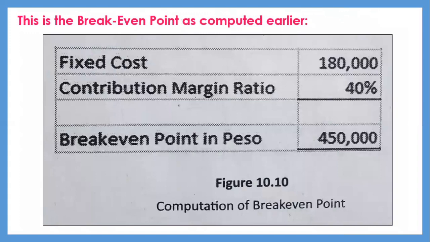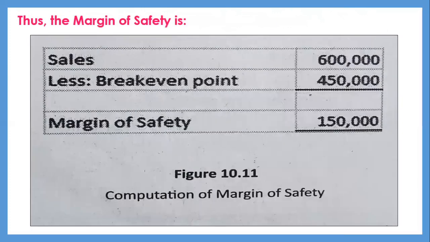And this is the break-even point as computed earlier. As you can see, we have their fixed cost of 180,000 divided by the contribution margin of 40%, and therefore our break-even point in peso would be 450,000. So how do we calculate then our margin of safety? This is now how our margin of safety is being calculated.